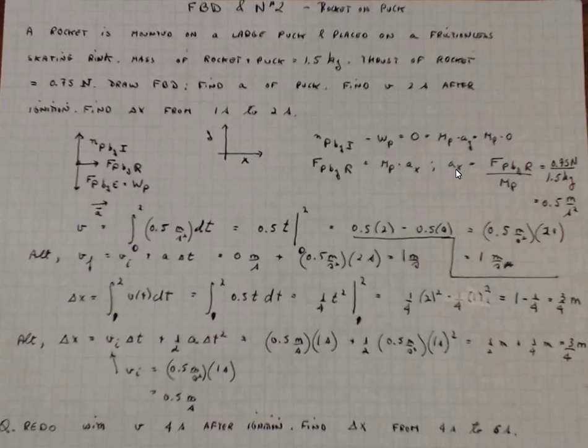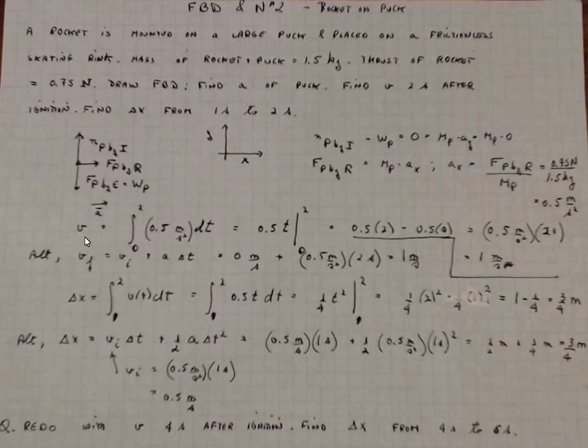So we can solve that for the acceleration of the puck: it is the thrust of the rocket, 3/4 of a newton, divided by the mass of the puck, 1.5 kilograms, and that gives half a meter per second squared for the acceleration.